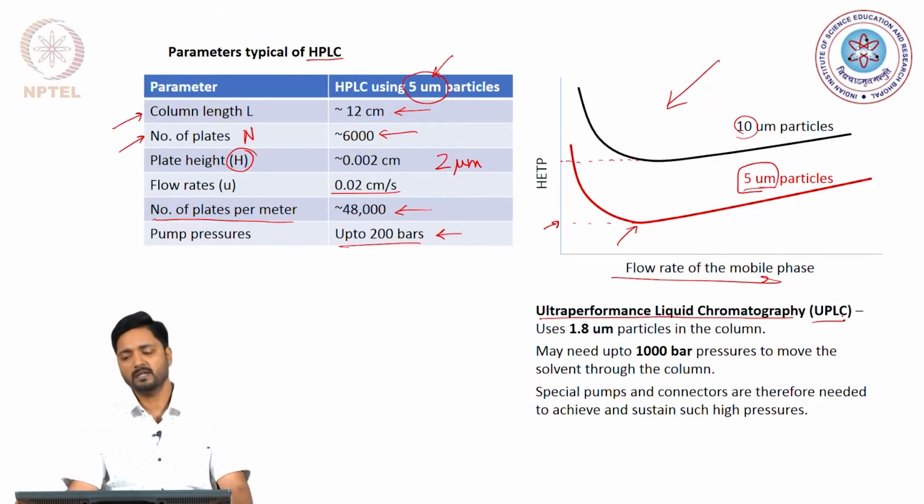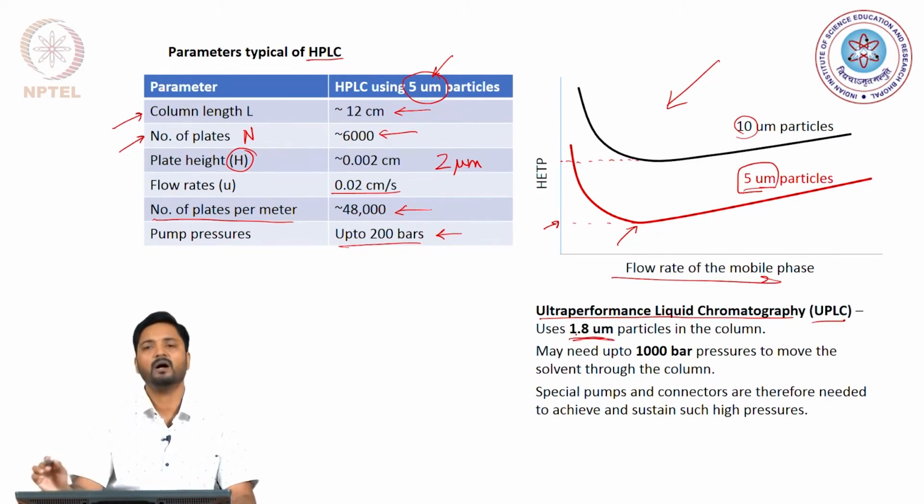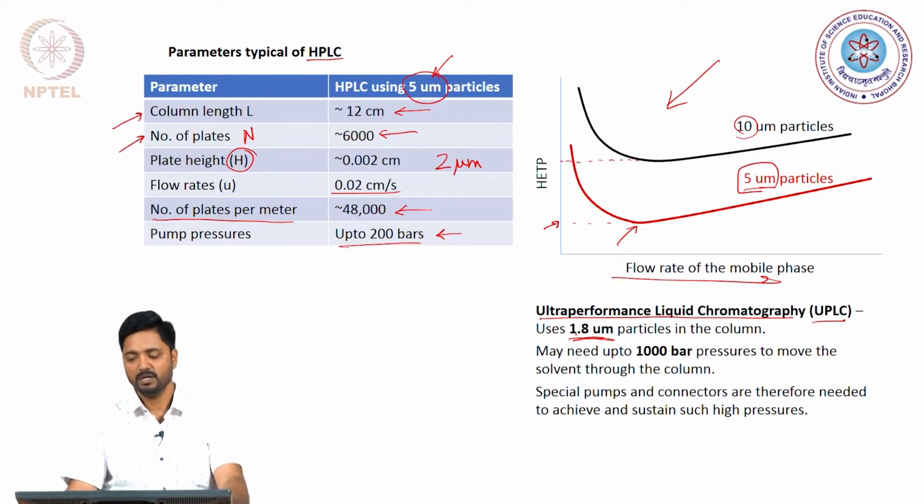Here you can see that the particle dimensions have been reduced considerably, and we use a typical particle size of 1.8 micron particles in the chromatography column. So, we pack our UPLC columns with particles that have an average diameter of 1.8 microns.